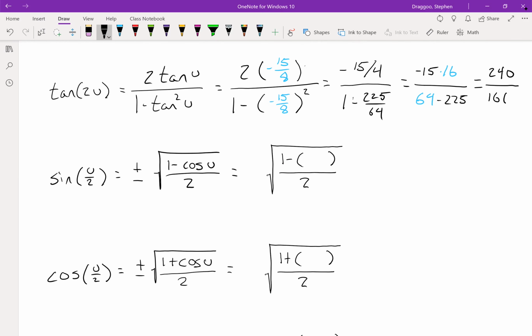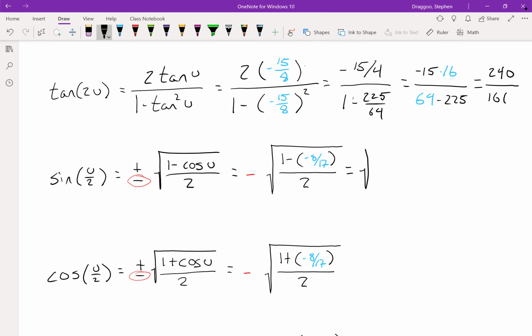All right, for the sine of u over 2 and the cosine of u over 2, we got that u over 2 is in quadrant 3, which means we'll be choosing the negative out of both plus or minuses. So we'll fill that in over here as well. And also both sine of u over 2 and cosine of u over 2 depend on the cosine value, which is negative 8 over 17. So we'll simplify each one of these.